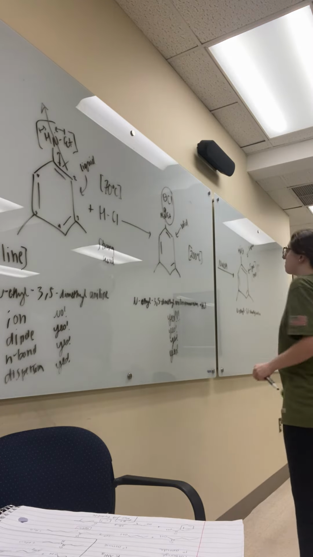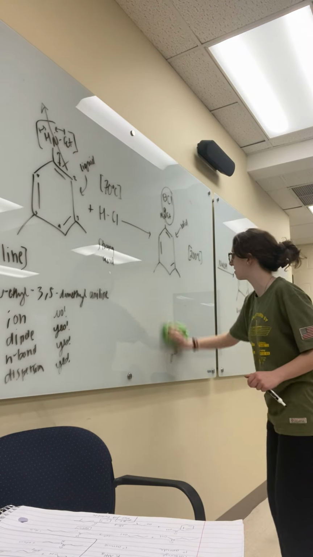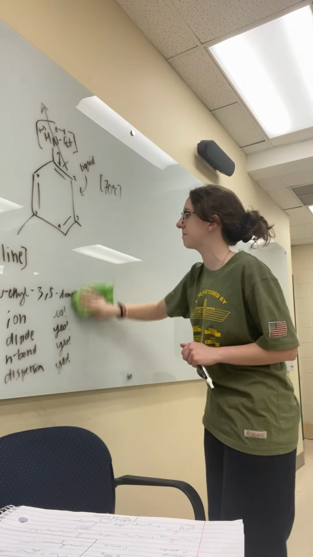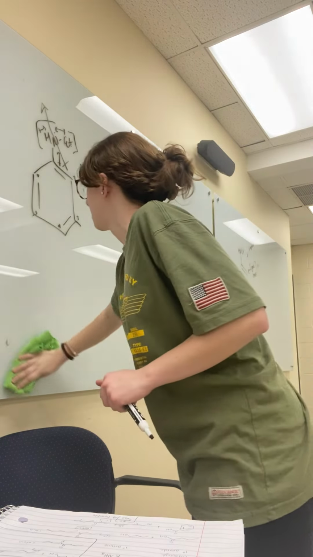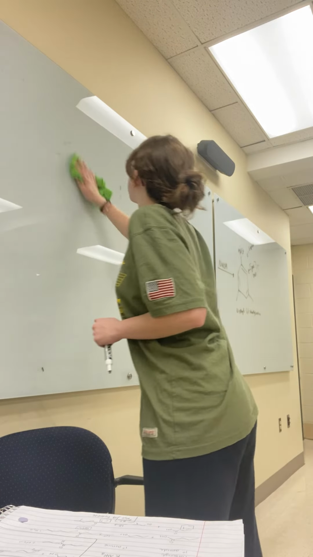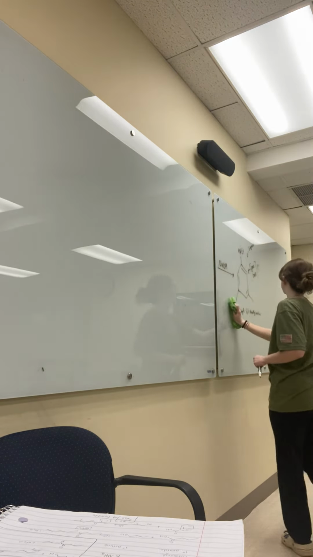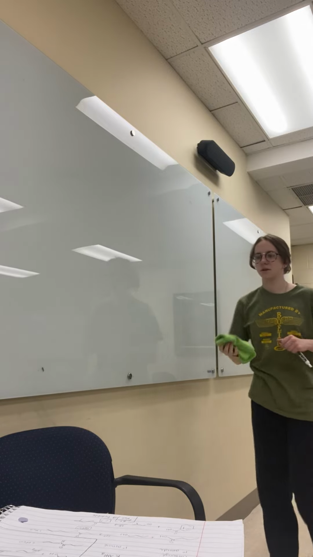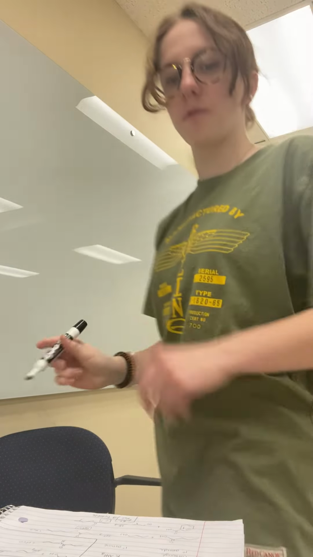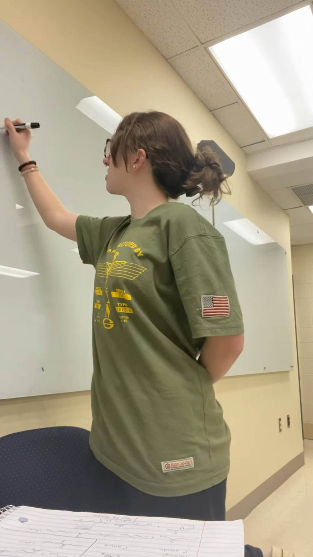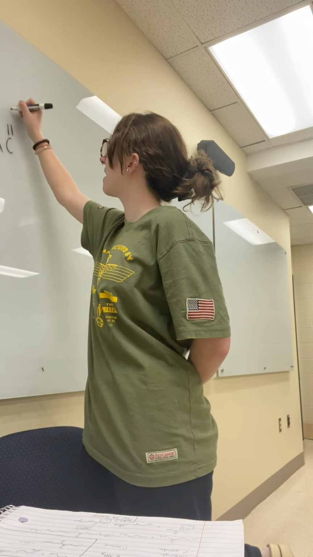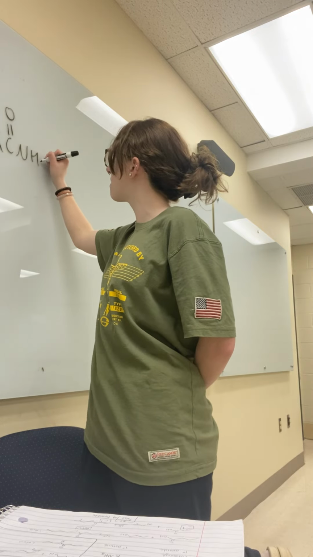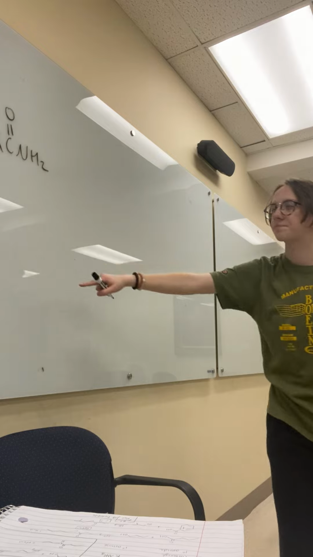Now we're gonna move on to amides, which are basically carbonyls with amines attached to them. Alrighty, so the basic structure for an amide, which may not ask you too many questions about this yet because we haven't learned about them that much, is gonna be this.